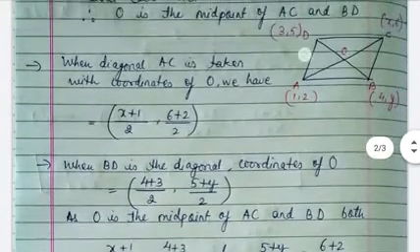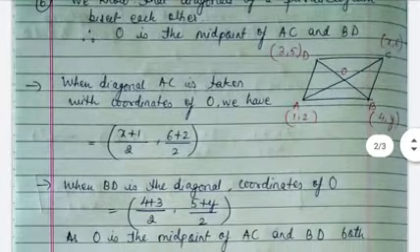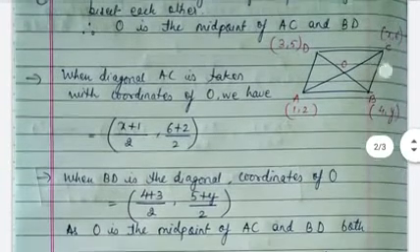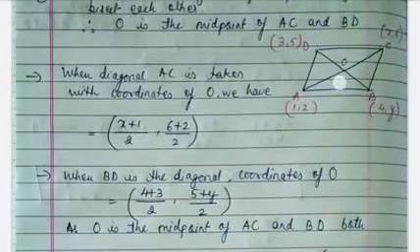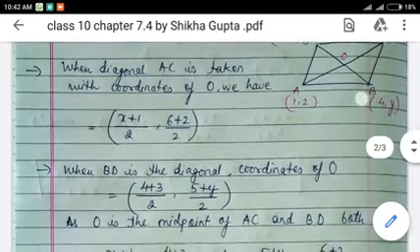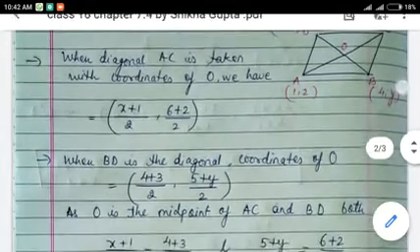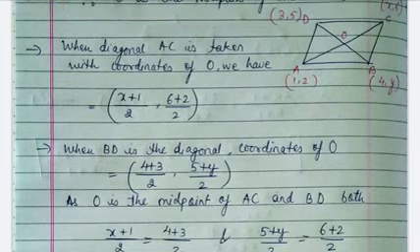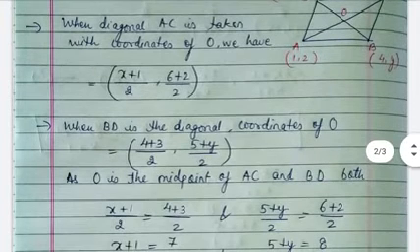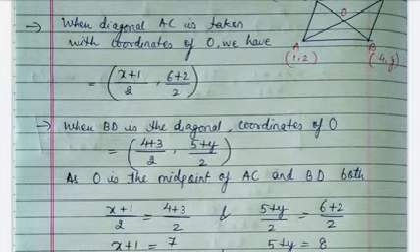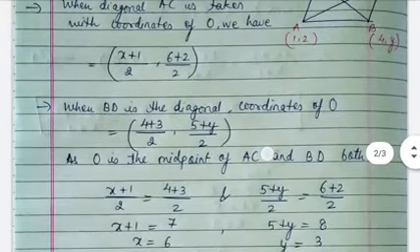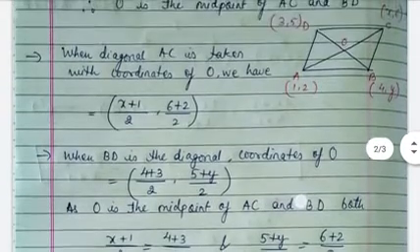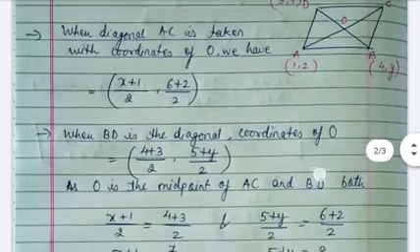If we are taking the diagonal BD and the point O, its value will be ((4 + 3)/2, (5 + y)/2), because these are the midpoints of diagonals AC and BD, right?